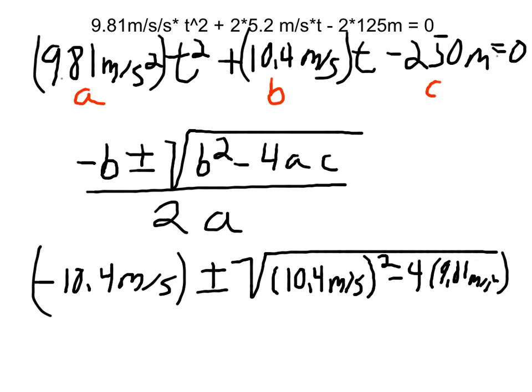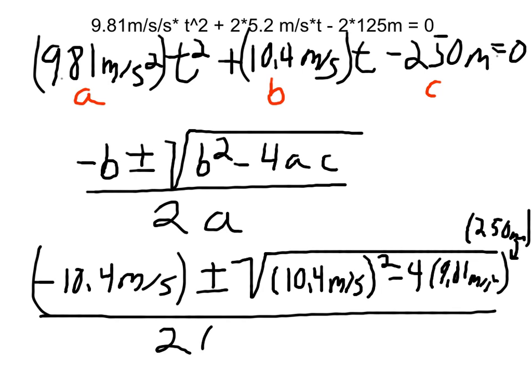I'm running out of space. Let me write it above it. You'll just know to multiply. 250 meters goes right there, still under the square root, all over 2 times 9.81 meters per second squared. And if you grab a calculator or do out the math on that, you will have a positive time and a negative time. Only the positive time will be correct.